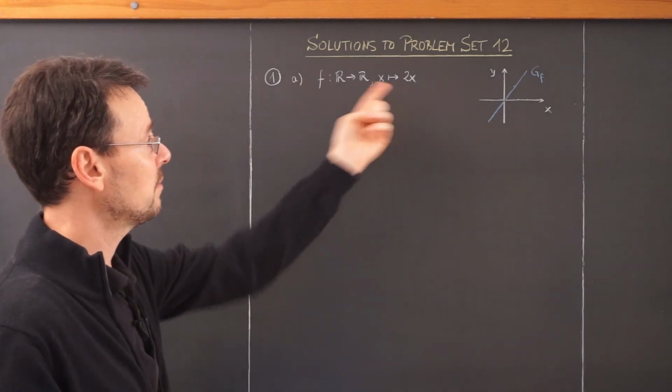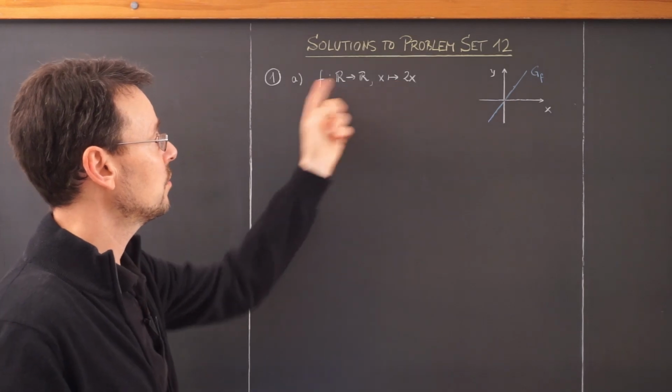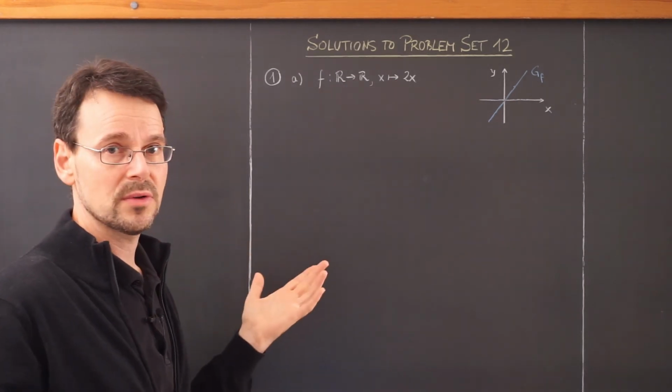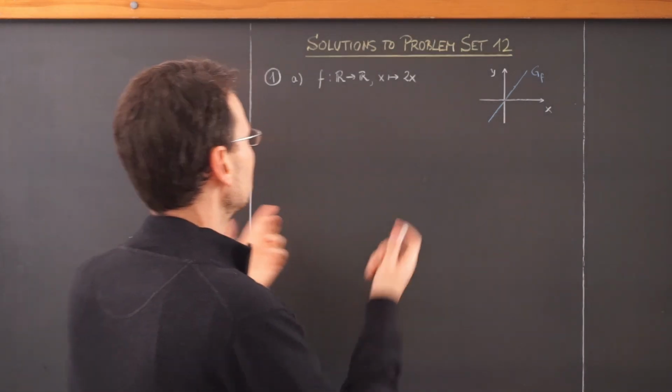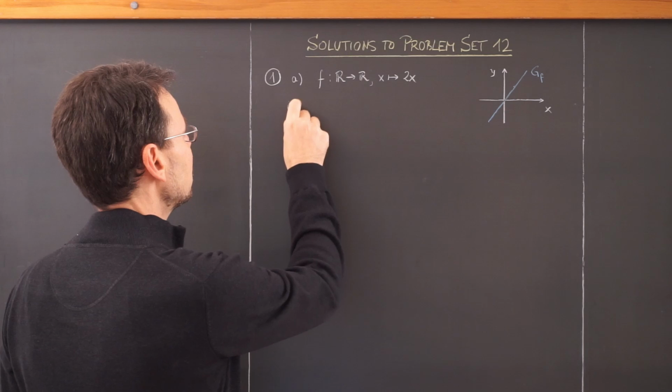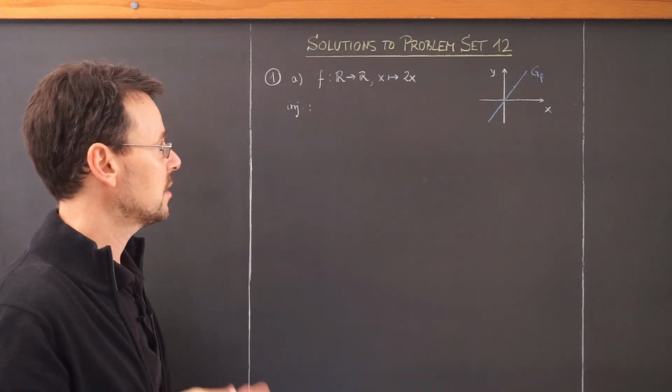So we start with functions we know from high school, and we have to decide if those are injective or surjective. They can of course be both. So let's start with the pedestrian approach by checking both separately.